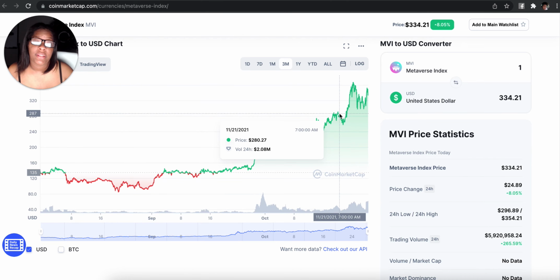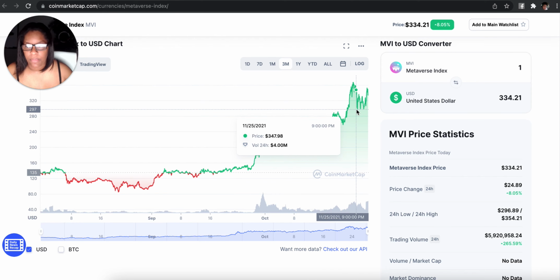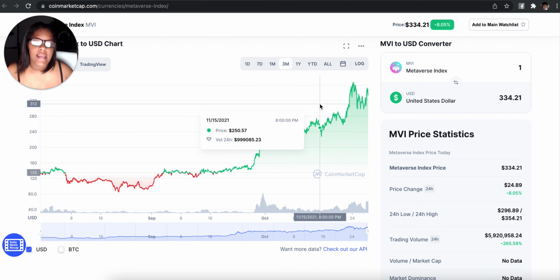I don't like to buy things close to highs, only because I feel like I wouldn't be getting the best bang for my buck, or a really, really good discount. And I'm a patient investor. I will wait for things to drop, okay? But that's just me personally. I really wish it had a bar chart on here, because bars, I can see a lot better than the lines. Okay. So this is how I am looking at the Metaverse Index.